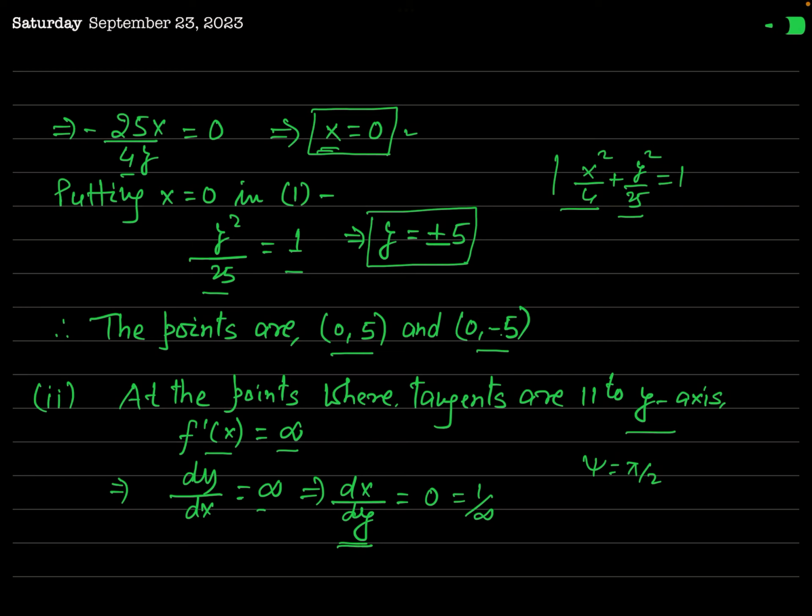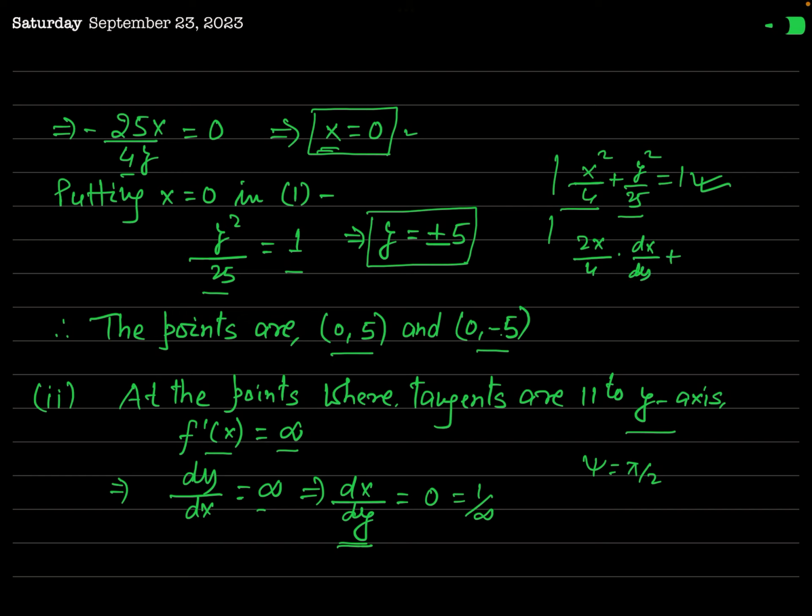Okay. So now it will be easier for us for solving this part of problem by finding dx by dy. And if your aim is to find dx by dy, you must differentiate this given equation of curve with respect to x. Sorry, with respect to y, not with respect to x. So now let us differentiate it with respect to y. So when you will differentiate this first term, this will be 2x by 4 into dx by dy.